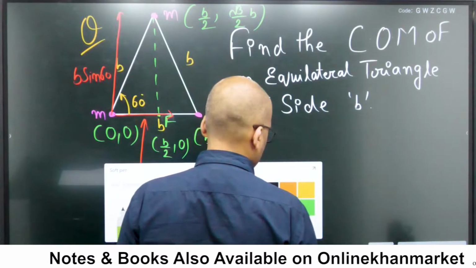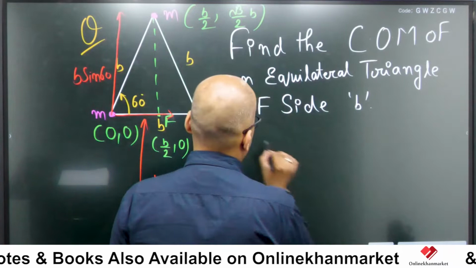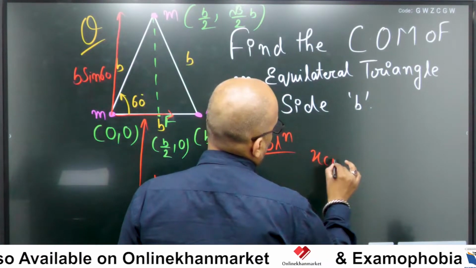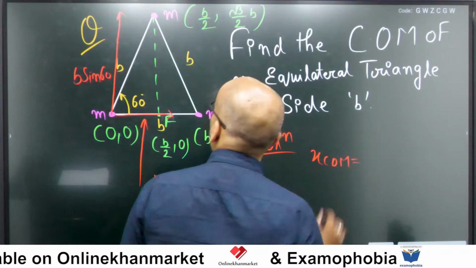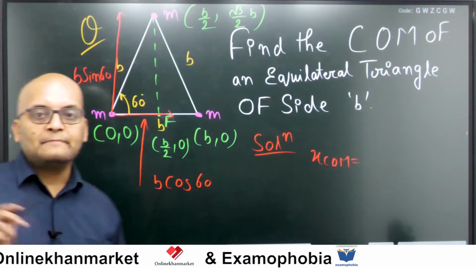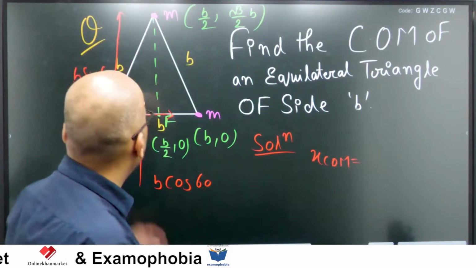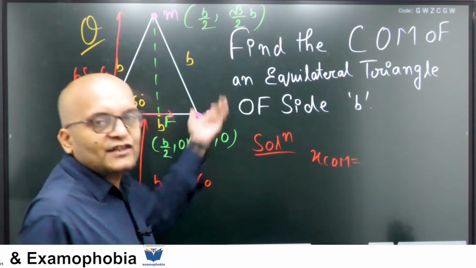Let's solve it. First, let's find out the x coordinate of the center of mass. What will it be? m1x1 plus m2x2 plus m3x3 divided by m1 plus m2 plus m3. What is m1 here? Each and every mass is m.